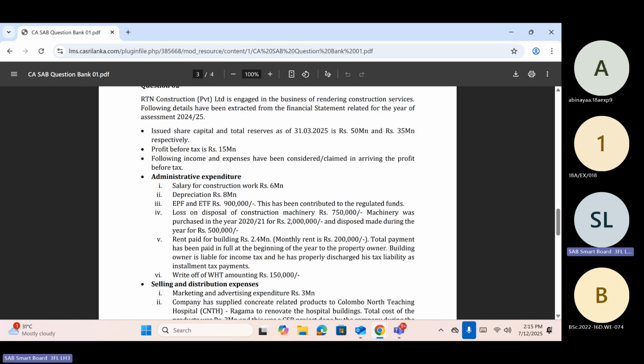Generally, EPF and ETF mean the approved fund to which they are contributing. As per the law, it is regulated. Otherwise, the examiner should specifically mention that the fund is not approved, because there are some private funds also. EPF is contributed to the Central Bank, governed by the Central Bank as the provident fund. Apart from that, there are private funds, like in the plantation sector, which has a separate fund, and likewise banks can maintain separate funds.